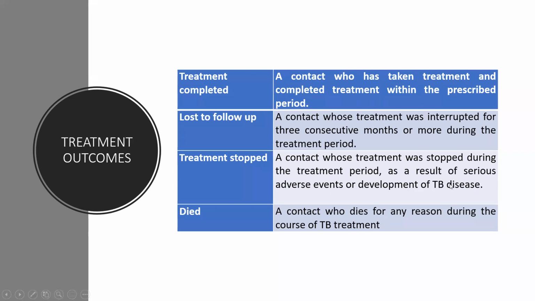So if a patient was on TPT and then developed TB on TPT, your outcome will be treatment stopped, and the patient could start on TB disease treatment, where another outcome will be given. Now, the other one is died. This is a contact who died for any reason during the course of treatment. So if a patient died, the outcome is died. Thank you very much.